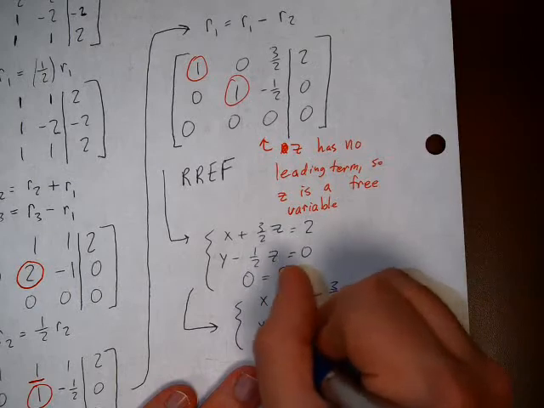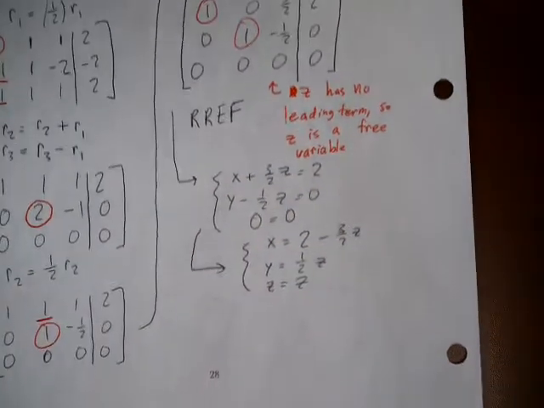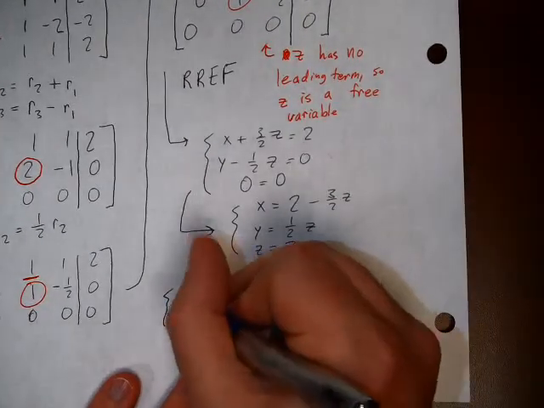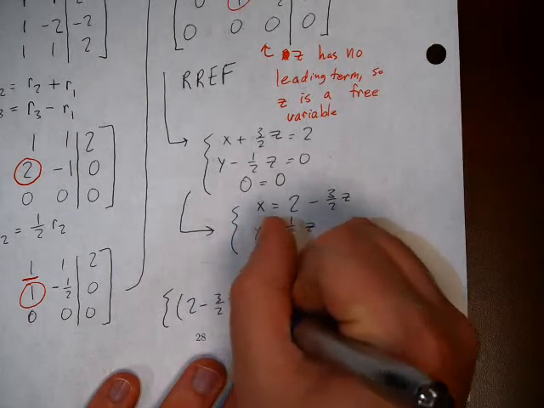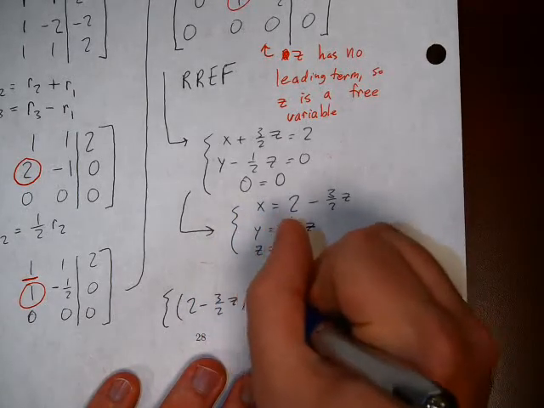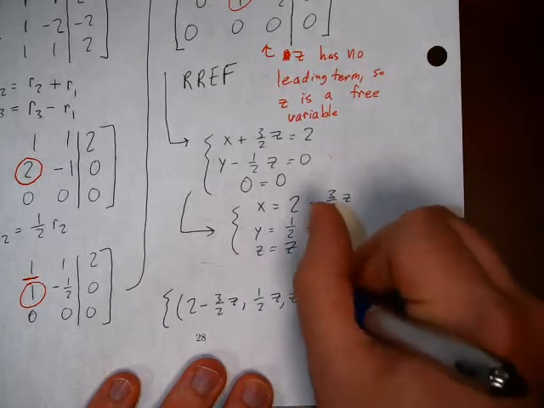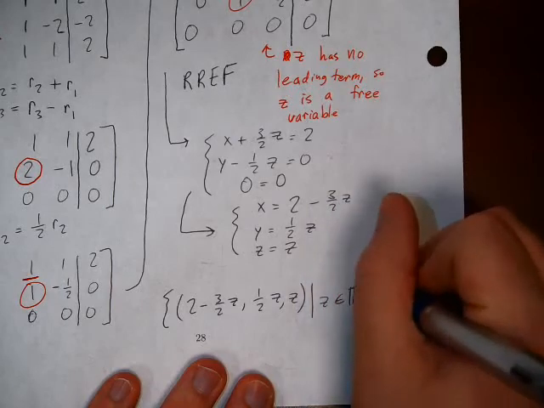And remember, z is just going to be z. It's whatever it wants. It's free. So as we write our solution set, we'll have the set of all (2 minus 3/2 z, 1/2 z, z) such that z is an element of the real numbers.